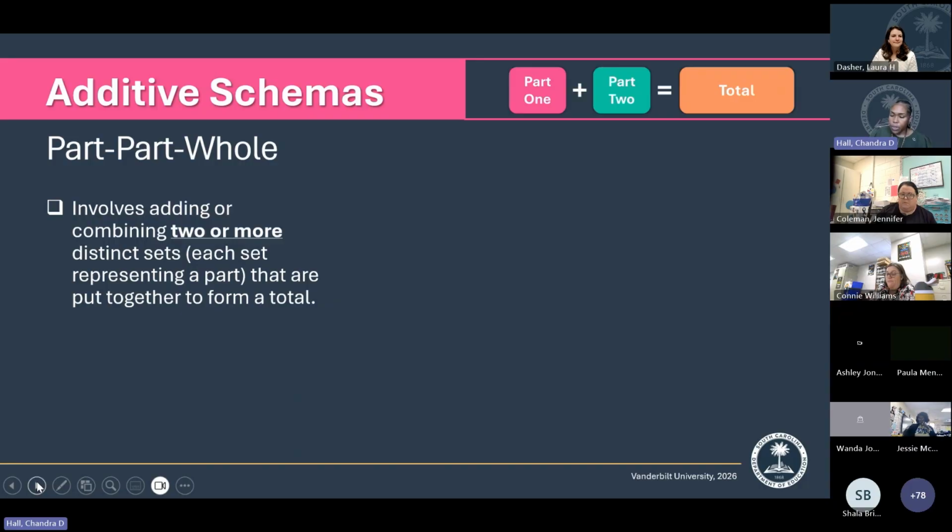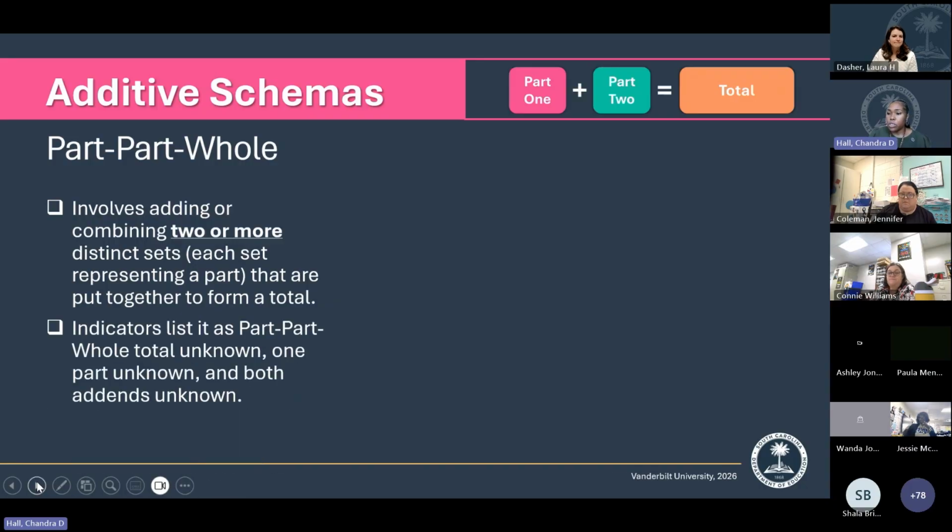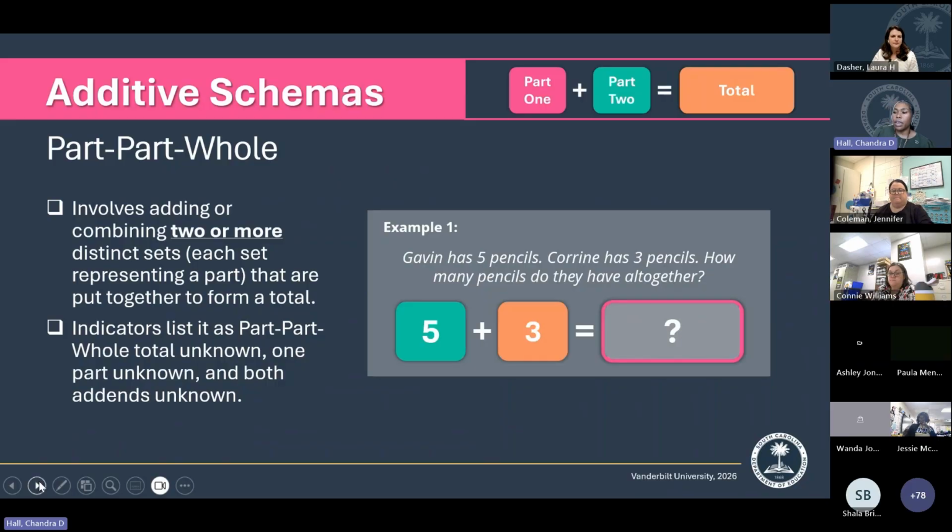In our indicators, it is listed as part, whole, total unknown, one part unknown, and both add-ins unknown. And so you can see the graphic up there where you have part 1, part 2, and how that equals the total.